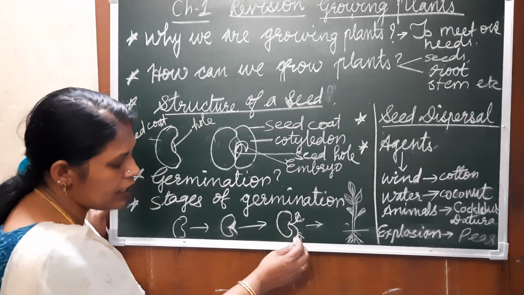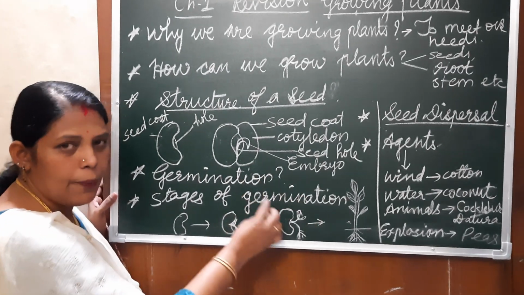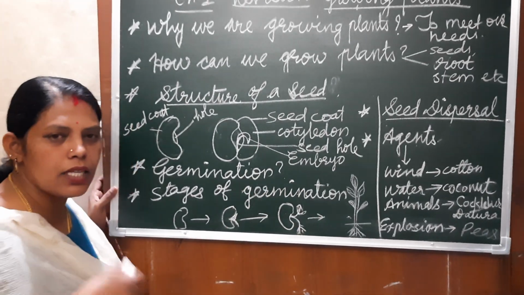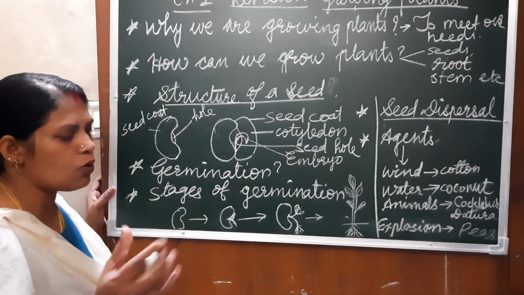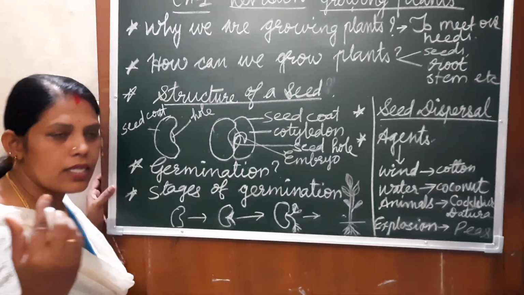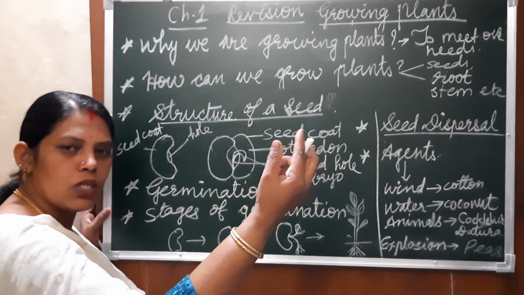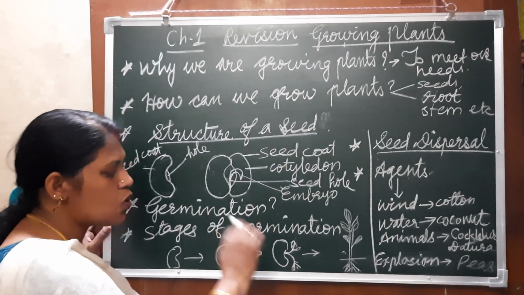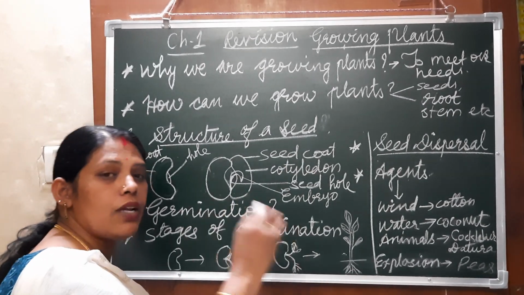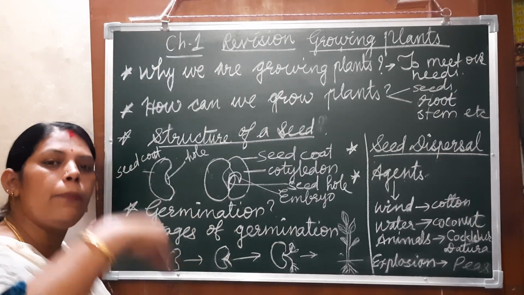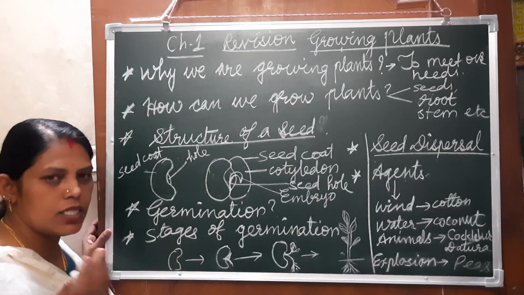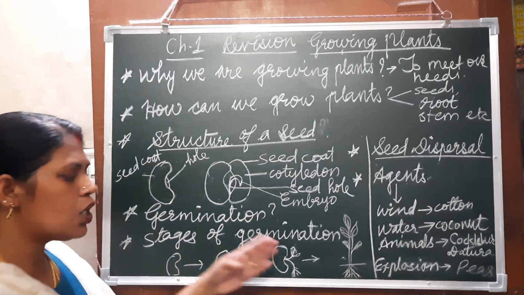One structure going down and one structure going up. The downward structure becomes the root system. Okay, it grows into a root system, that is the radicle, and this is the plumule which grows into a shoot system. Okay, so shoot system means the portion which grows above the soil, like stem, leaves, and those are the shoot system.